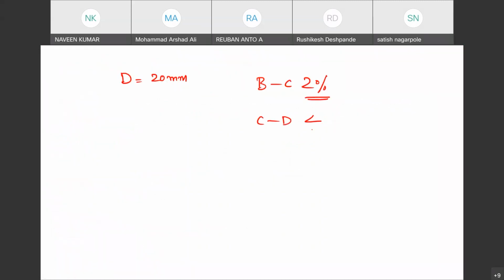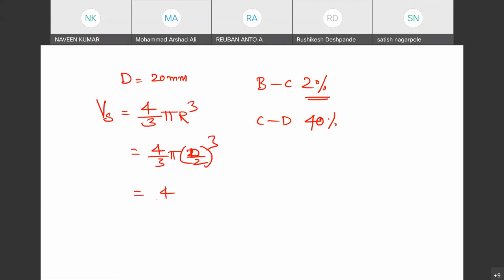Same problem. What is the volume? Volume of sphere is equal to 4 by 3 pi R cube. And here I substitute here itself, that is 4 by 3 pi, sorry, D by 2 cube, right?